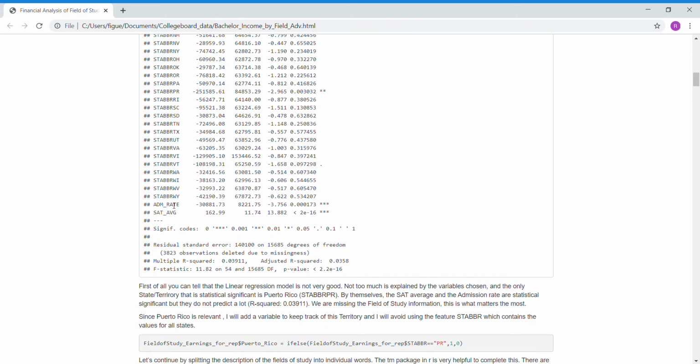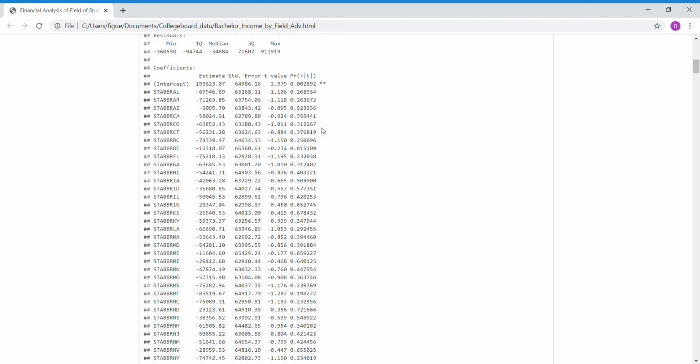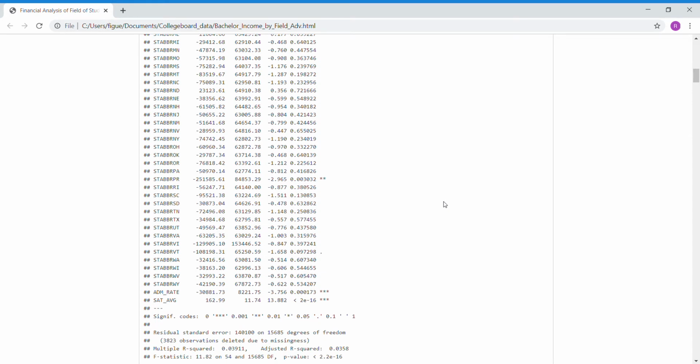And also I included the admission rate and the SAT score average. But what we find here, this is the p-value, the last one. You can see here that the only territory or state that is statistically significant is this PR, which is Puerto Rico. All other states or locations really don't have any statistical significance.